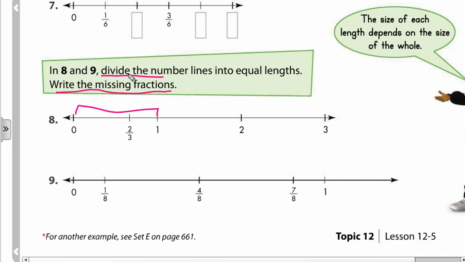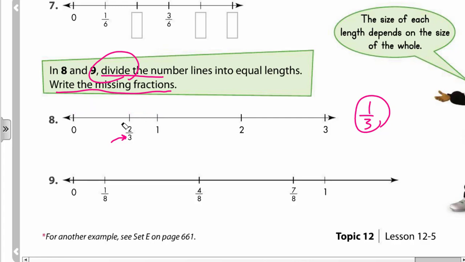We need to divide it into how many equal lengths? 3. Can you explain why? Because we have to divide this into thirds. Wow, I like this answer. Each one should be 1/3.